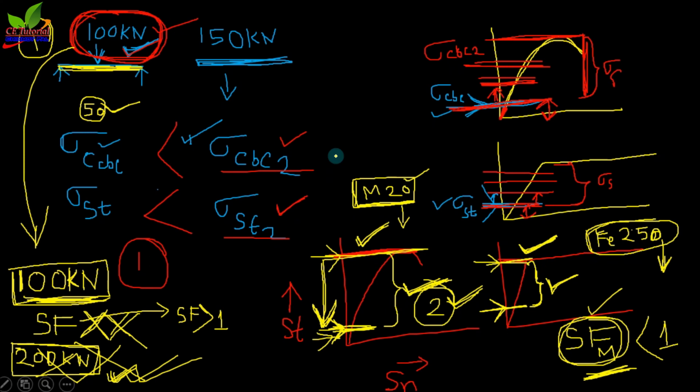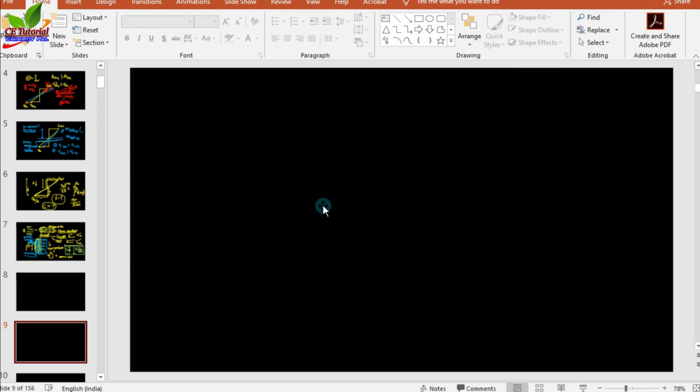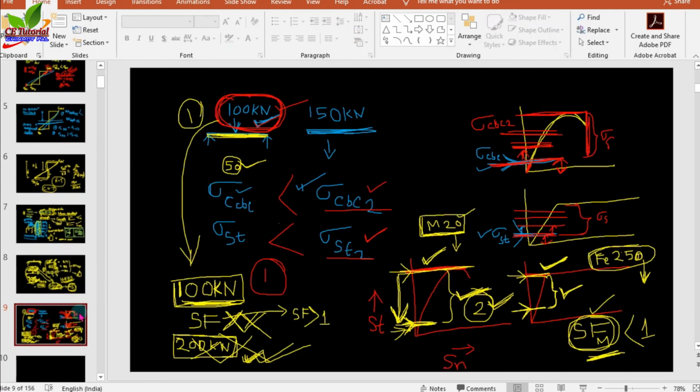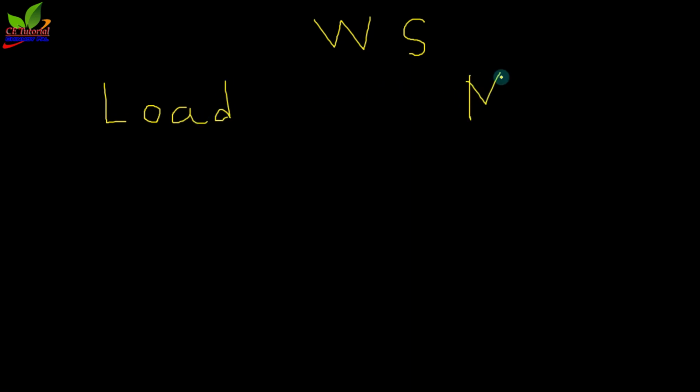So there are two safety factors. One is for load, another is for material. And in our working stress method, we are applying the safety factor only for material, not for load.